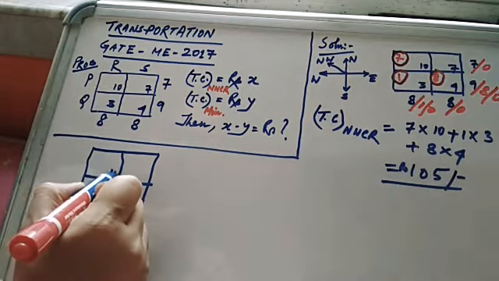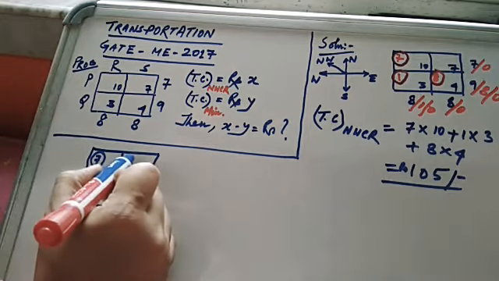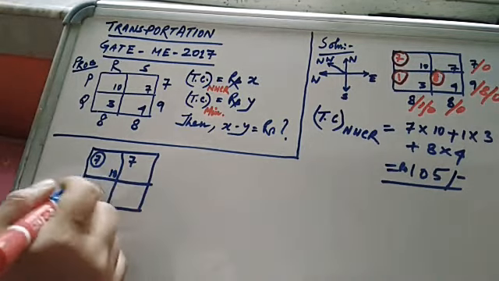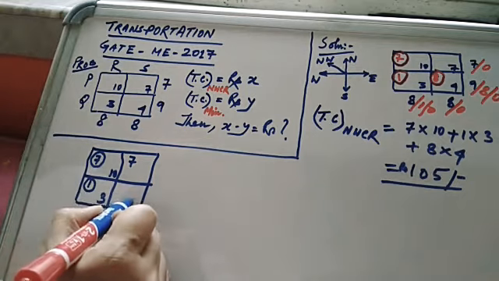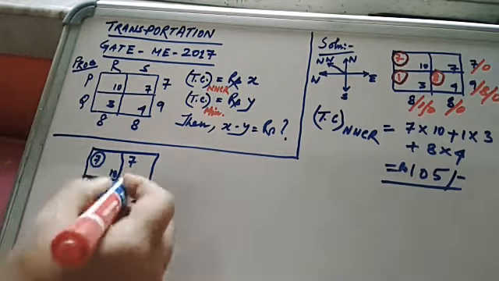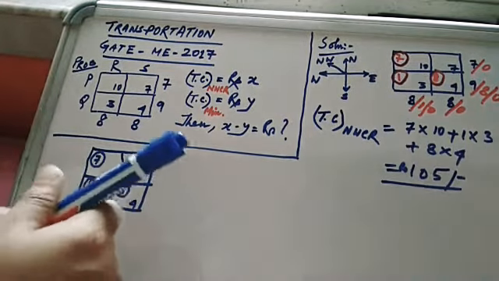Here is the allocations. This is 7. This is the unallocated cell only. Only this one is the unallocated cell. This is 3, 8. Okay.